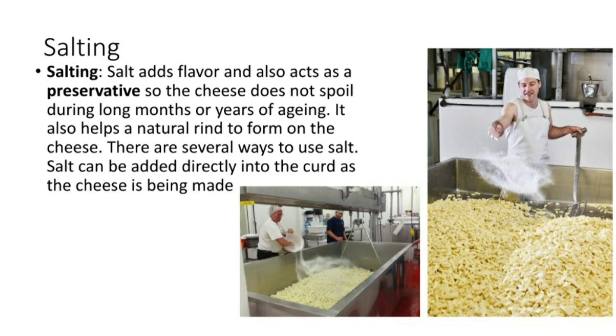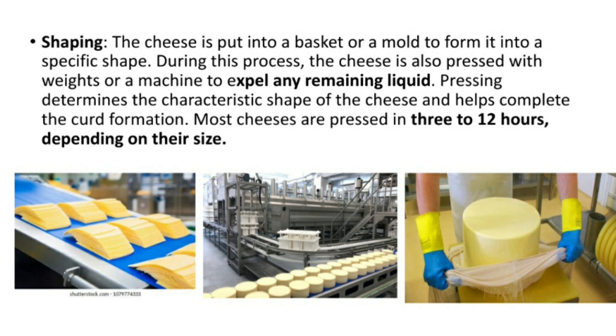The next step is curd transformation. Different handling techniques and salts affect how the curd is transformed into the many cheese varieties made. The next step is shaping. The cheese is put in a basket or mold to form a specific shape.